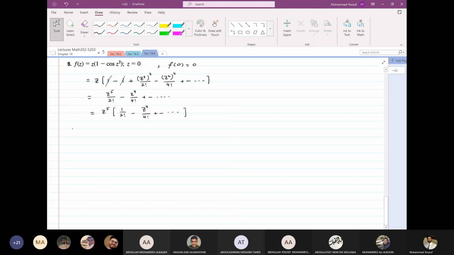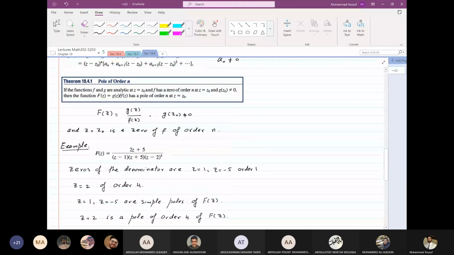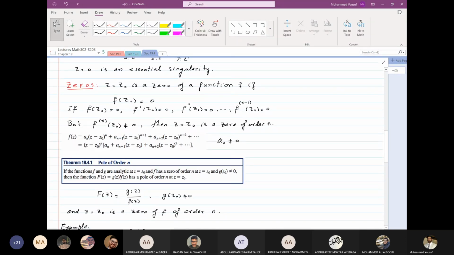Now we can say that z equal to 0 is a zero of f of order 5, and this result is from this expression.